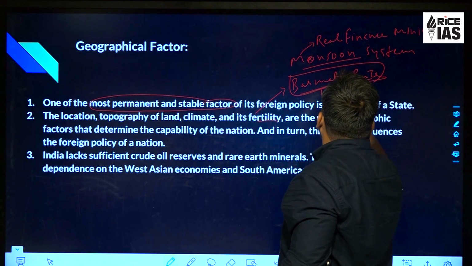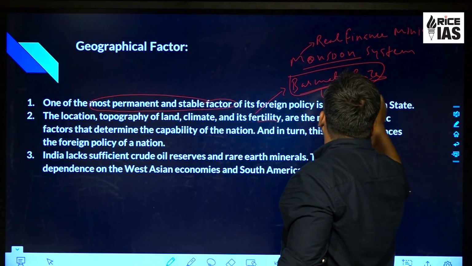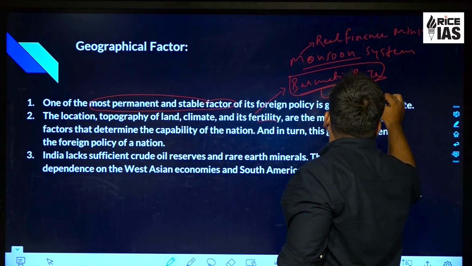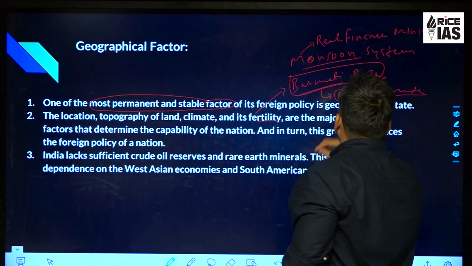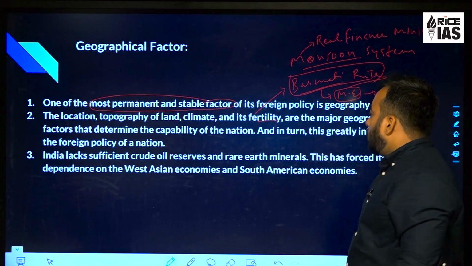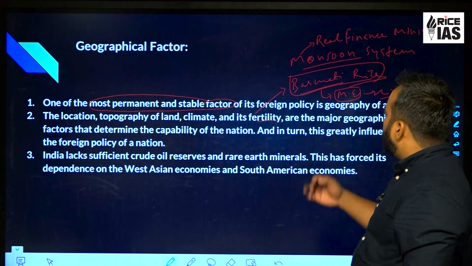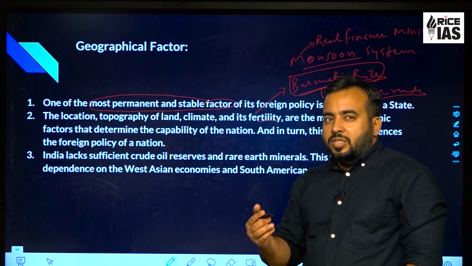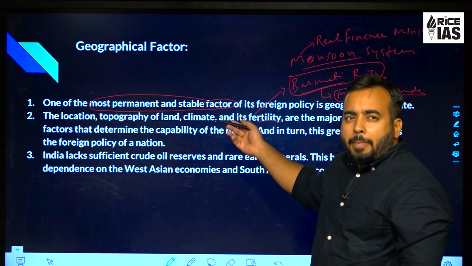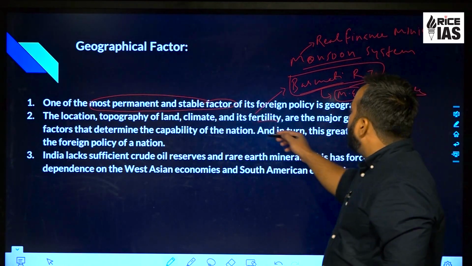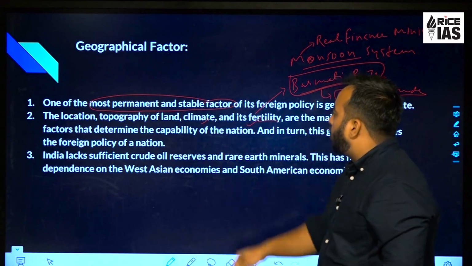So this goes to the Middle East, and what we get from the Middle East is crude oil. So this is how India's relationship with, for example, the Middle East is determined by the fertility, climate, land, topography.